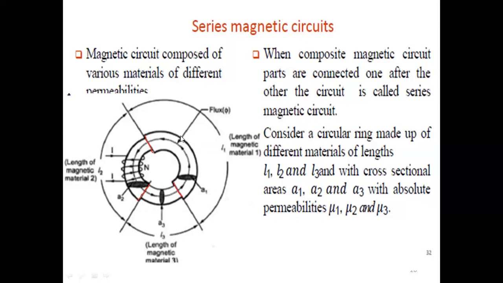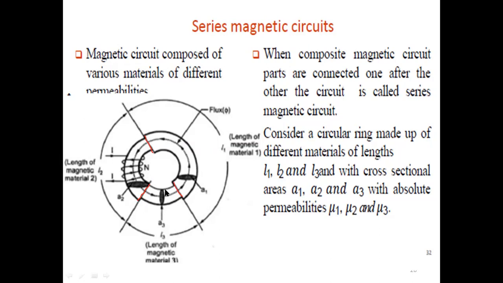So MMF equals S into phi. S is nothing but reluctance. Here S is the total reluctance, but each material has a different reluctance. It should be different for different materials, but the flux phi is common. You take phi common, and in place of S, you can write S1 plus S2 plus S3.